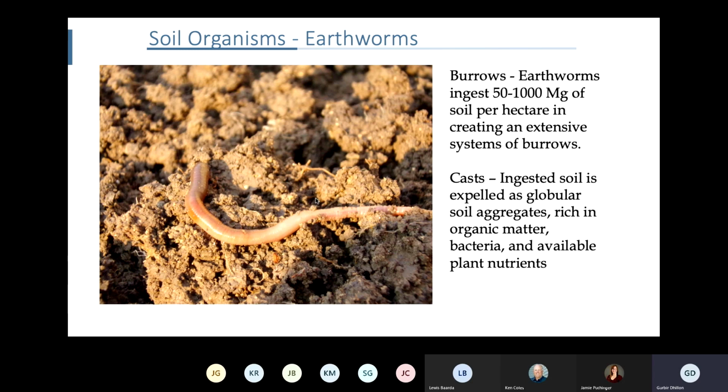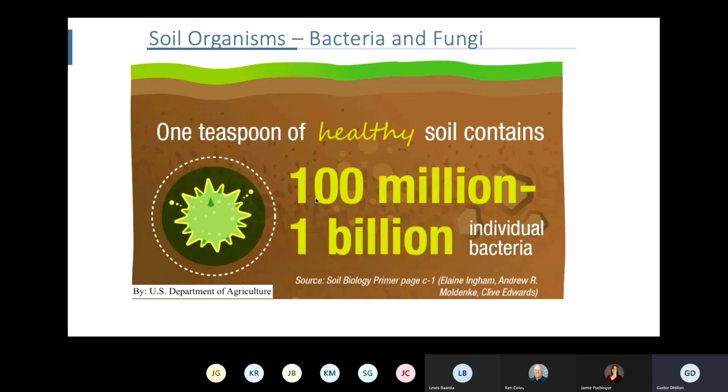So the activities of earthworms not only alter the soil physically through burrows, they also alter it chemically through the casts, and in this way they are responsible for increasing the productivity of soils. This infographic here from the USDA shows the richness of microorganisms in soils.